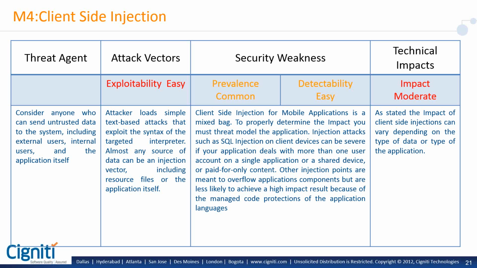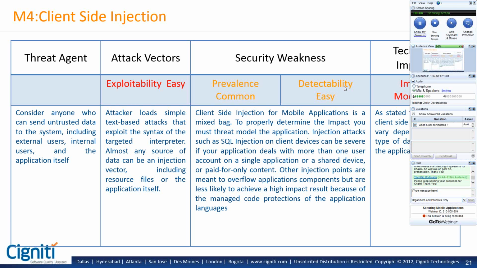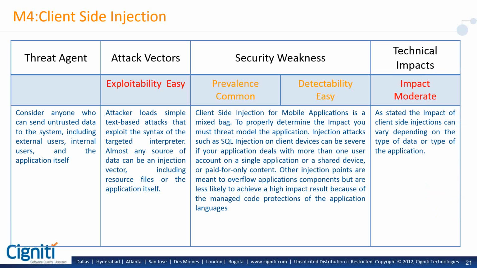So in terms of how the data is being injected, what is the source? Any source of data can be an injection vector, so we should be able to look for how it is being injected. We have to understand injection attacks, and the impact depends upon what kind of application you are using and what data it is trying to get.